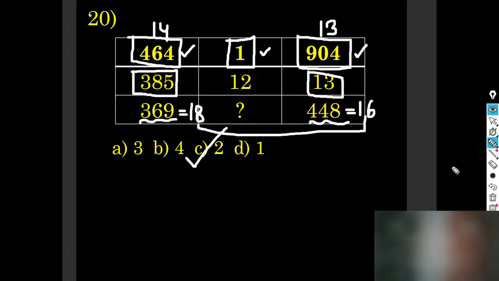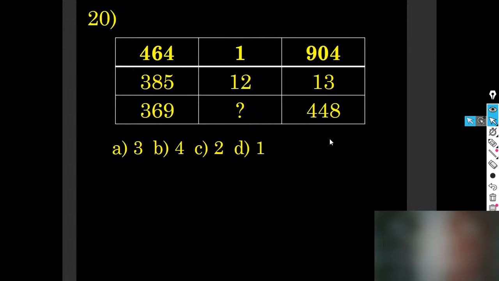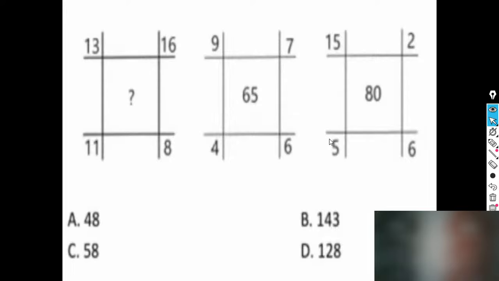Add all the digits, the sum of the digits, and subtract first and third gives us the second one. Yes, 18 minus 16, that is the answer.